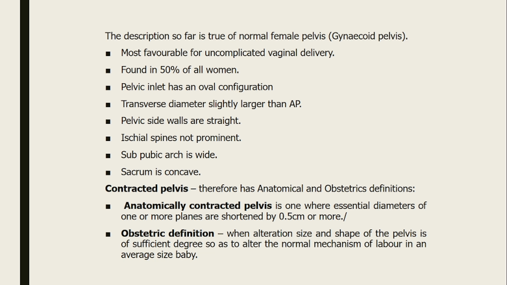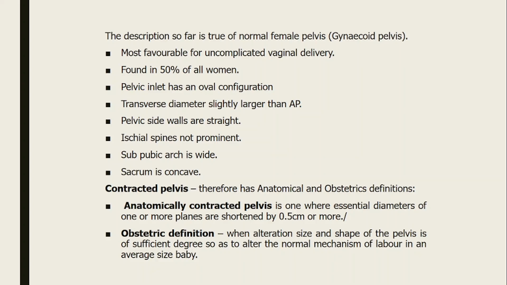And then coming to our topic of contracted pelvis. Contracted pelvis has an anatomical definition and an obstetric definition. Anatomically, a contracted pelvis is one where the essential diameters of one or more of these planes are shortened by 0.5 centimeters or more.